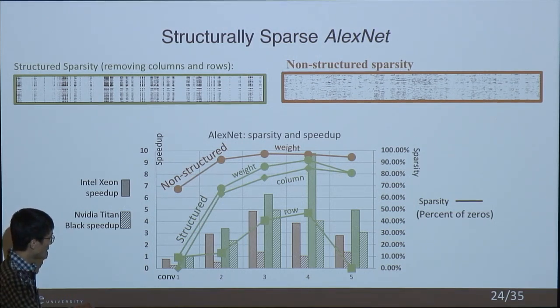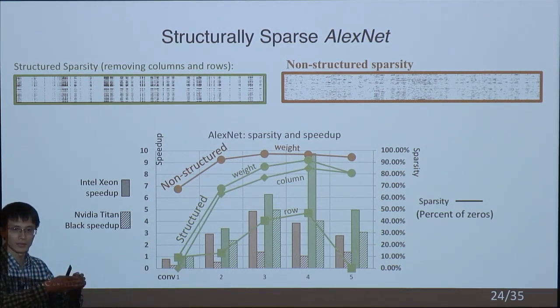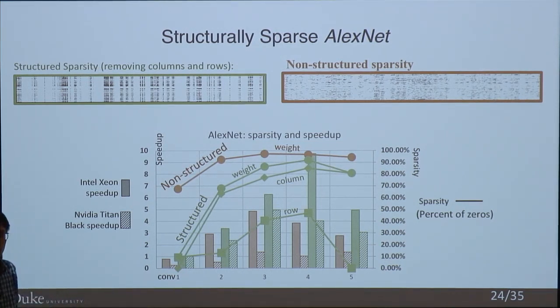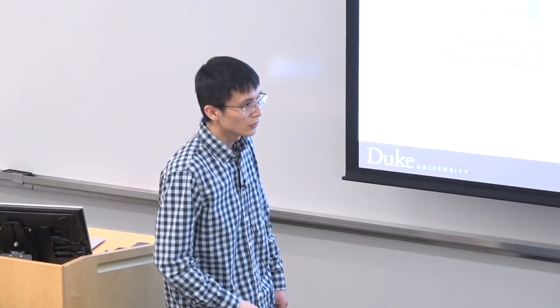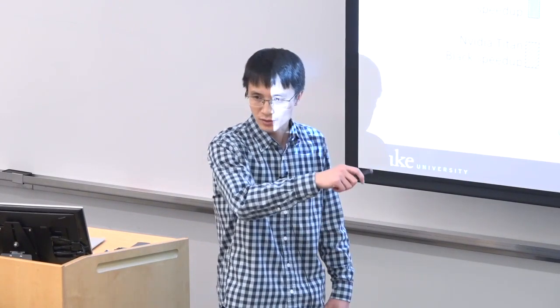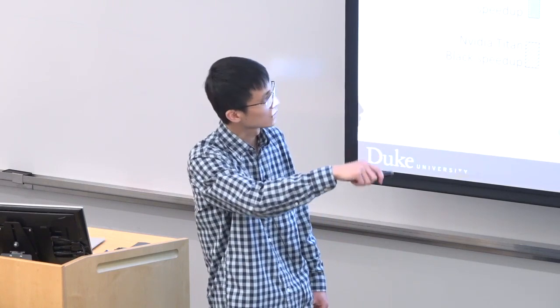In general, shallower layers are less compactable because usually you have fewer filters, but you have more filters in the deeper layers, and also the features in the deeper layers are more sparse, so you can achieve a higher sparsity in the deeper layers. Do you think these properties can help you to redesign the algorithm? Yes, then I would suggest that we don't need that many filters in the deeper layers in this case.